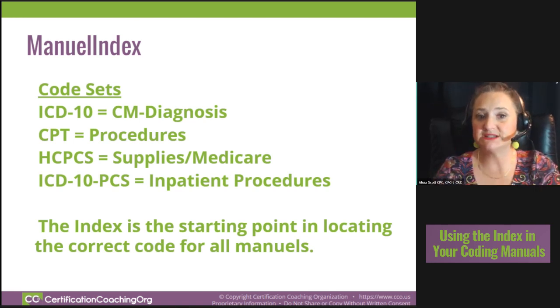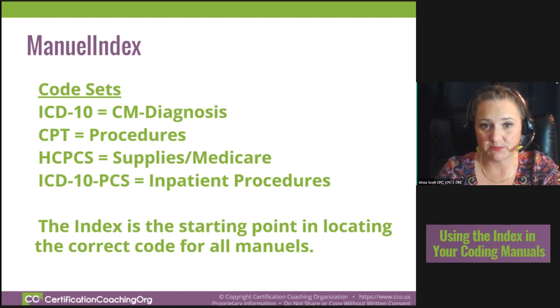Now let's go back to talking about CPT. That is our procedures code set for outpatient. Facility outpatient uses it as well, but it's what we do to the patient. So this is how outpatient is reimbursed.